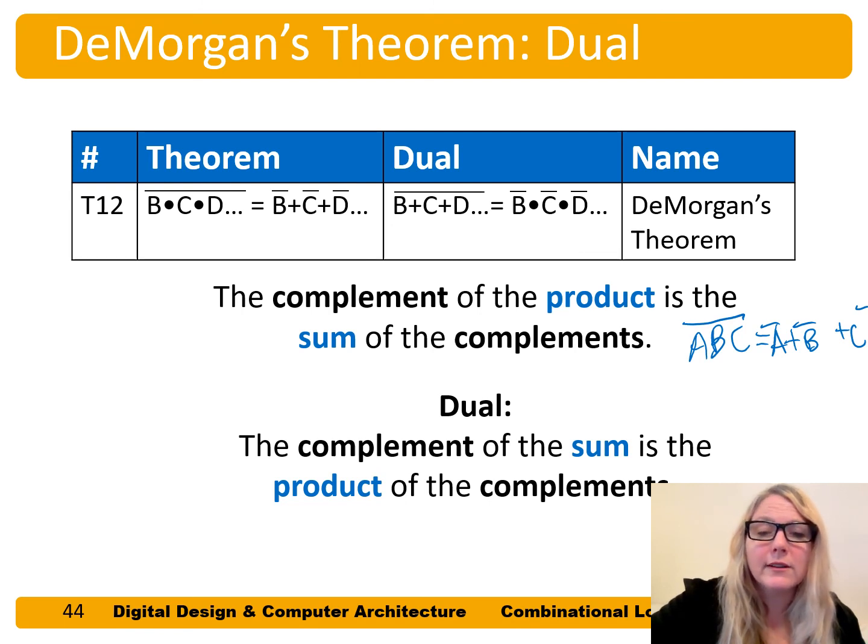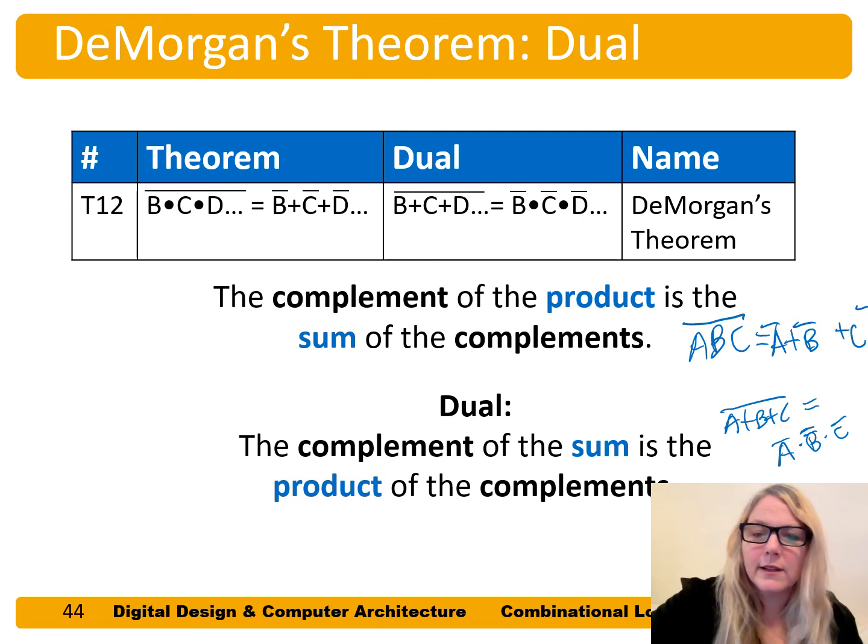The dual form is the complement of the sum. Here's the dual form. We have a sum. The complement of that sum, of that OR expression, is equal to the product of the complements. The product, the AND of the complements. And this is called De Morgan's theorem.